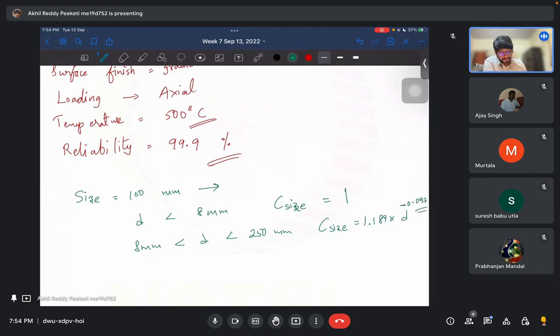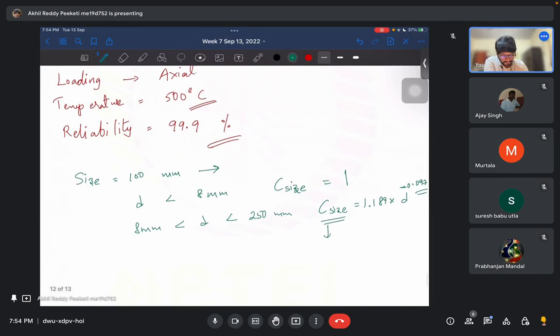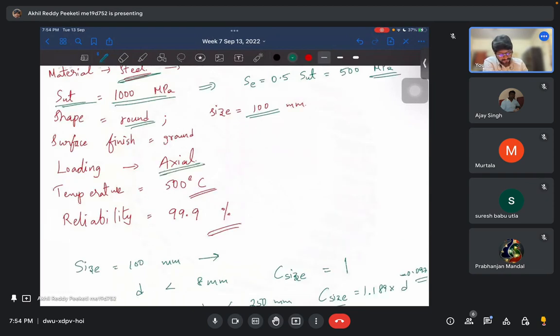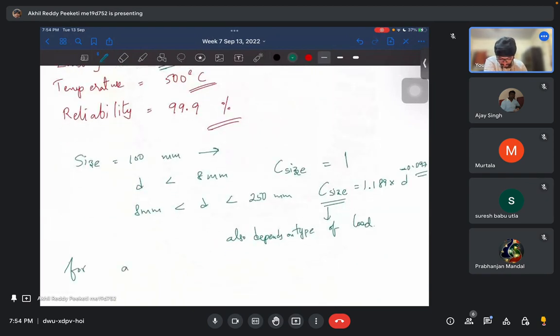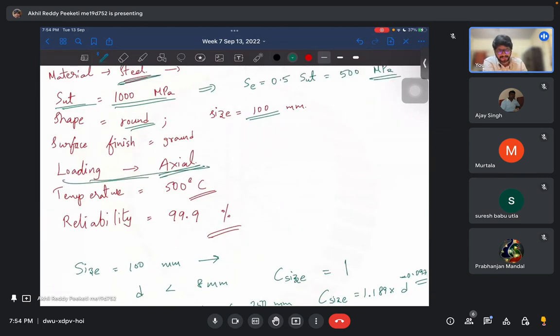Okay, but this size factor is a function of the type of load. If it is axial loading, whatever the dia, you need to carefully look at what type of loading it is when you are calculating the size related correction factor.